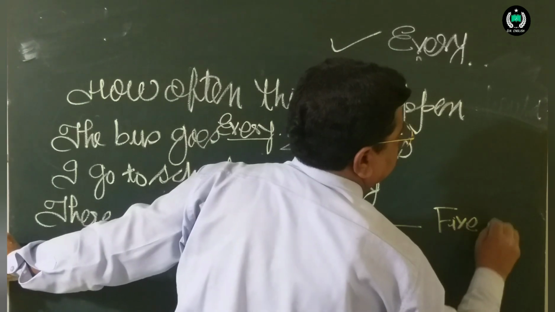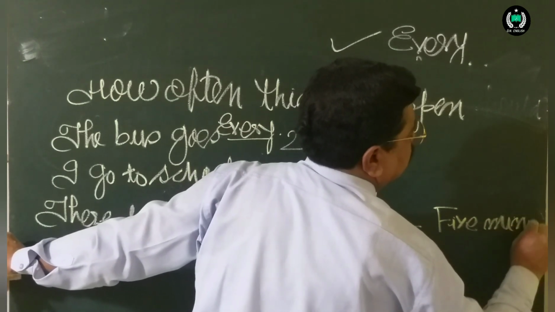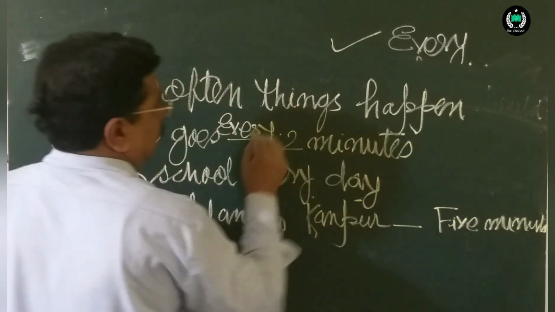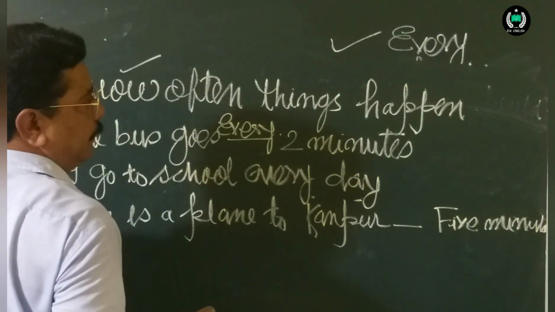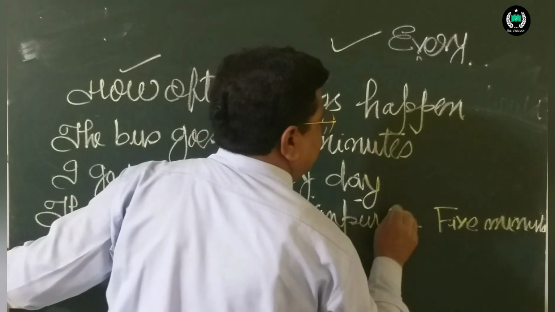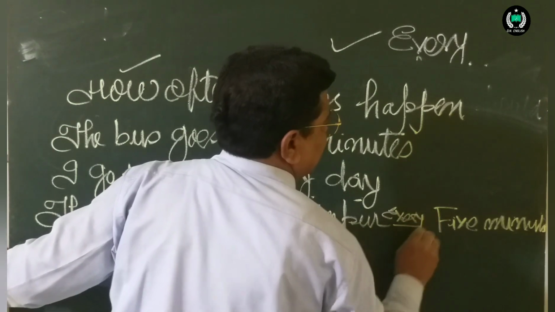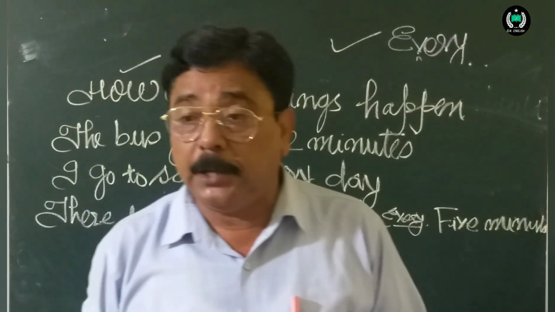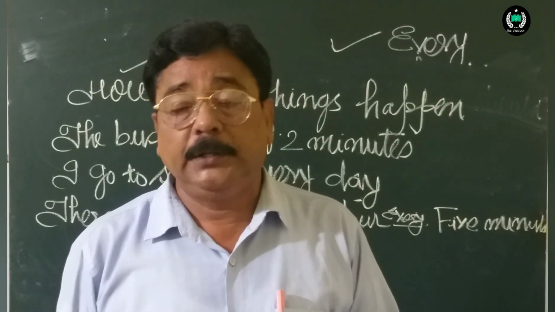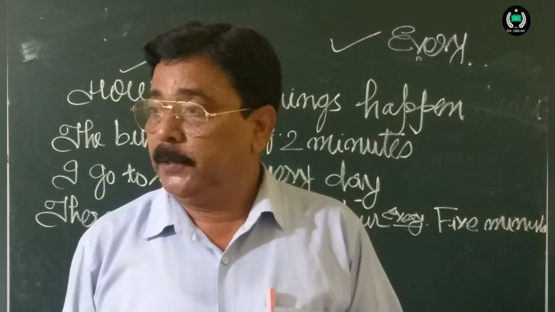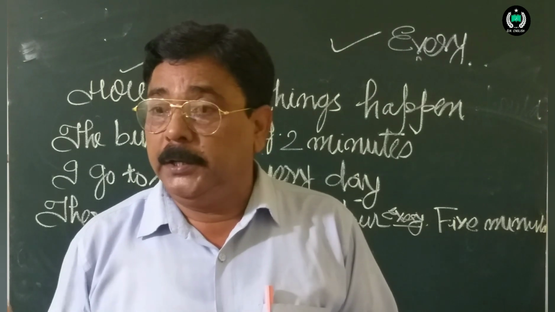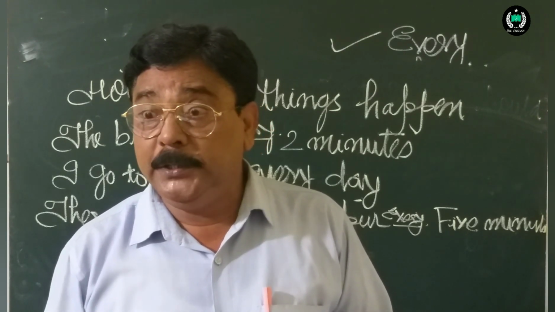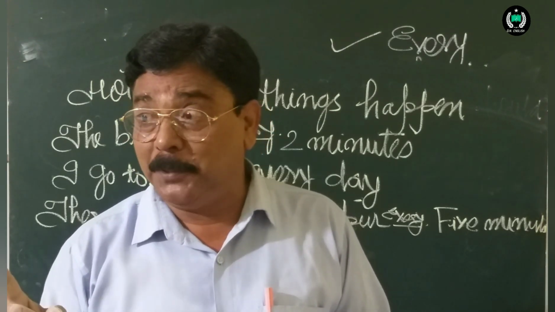What will go? How often things happen? Every 5 minutes. Just remember this: how often something happens, for this always 'every' is used. Clear? I go to my native village every month, not each month.